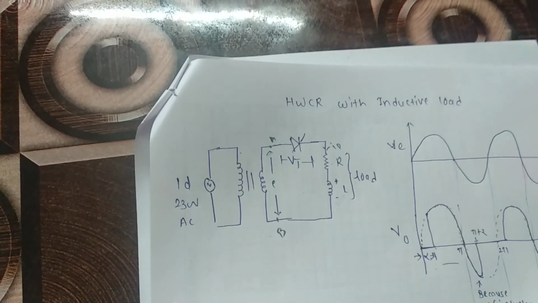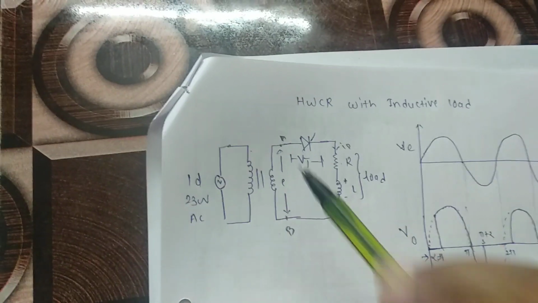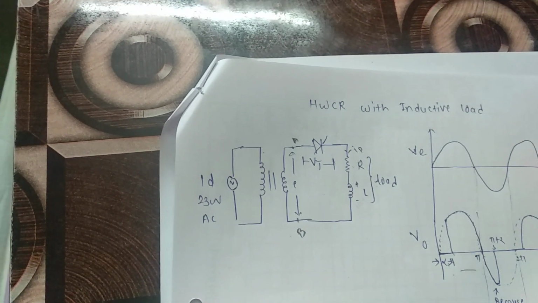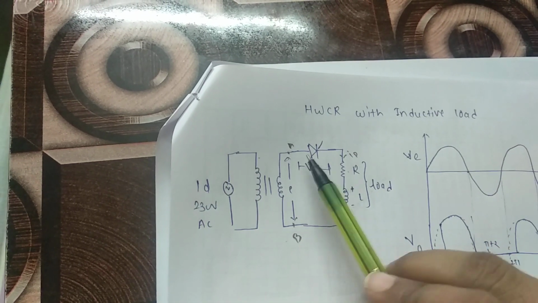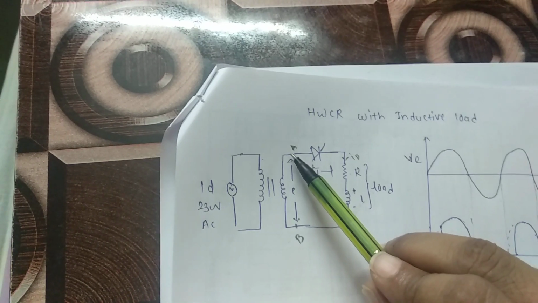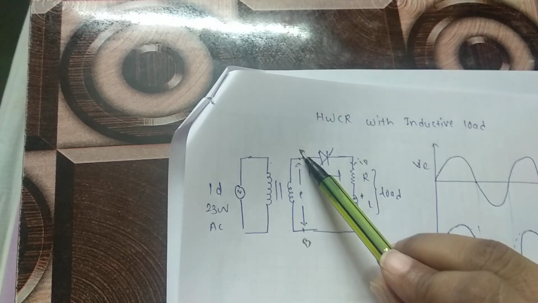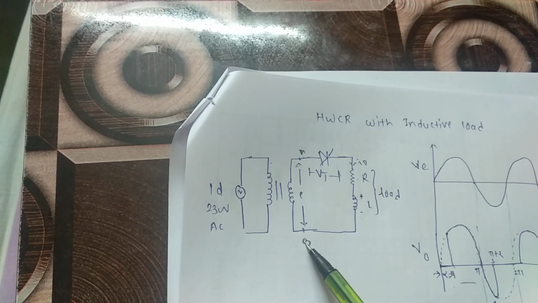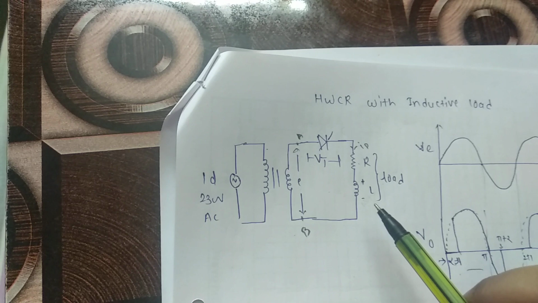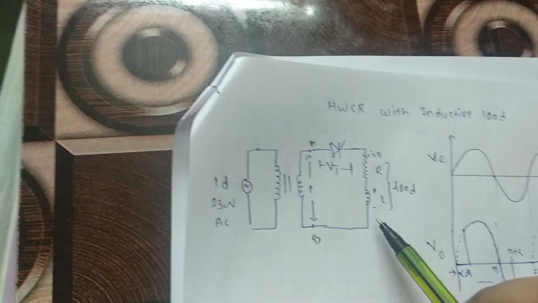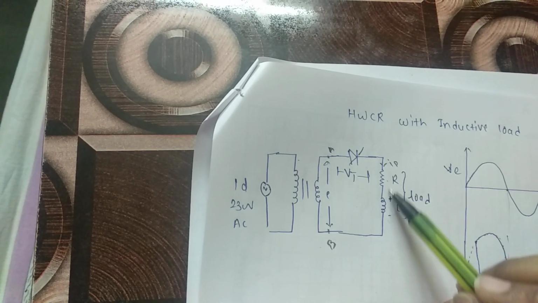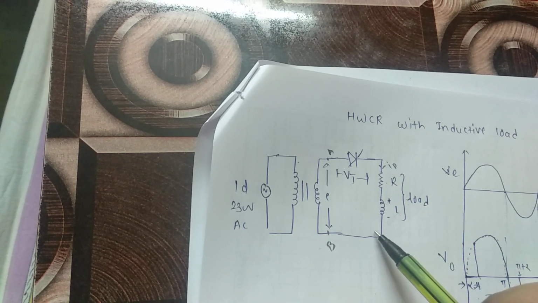Okay. So at an angle pi, what happens? Terminal A becomes negative and B becomes positive as the negative half cycle starts. So the current flowing through the SCR suddenly wants to become 0 because A becomes negative and B becomes positive. But according to the property of the inductor, the inductor will not allow this, because the current flowing through it suddenly falls to 0.